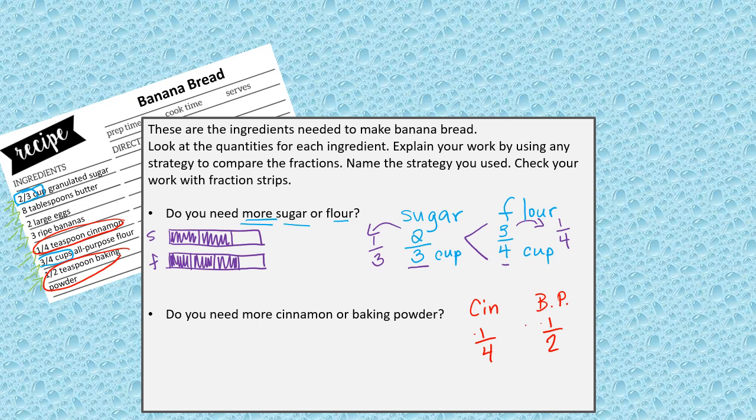So 1/4 is less than 1/2. So you would need more baking powder. And the strategy that I used here was same numerator. Okay, and for this one, I used missing piece.